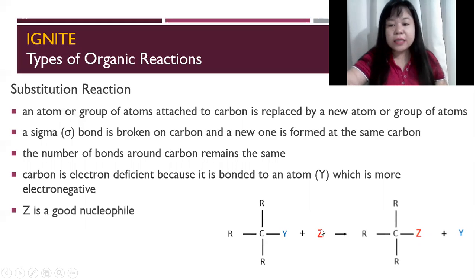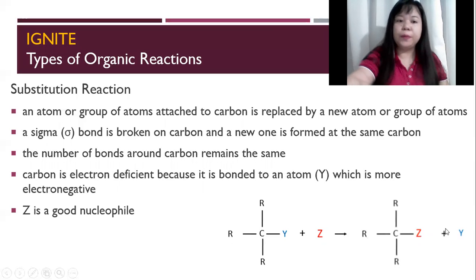However, Z is a good nucleophile, meaning it has an excess of negative charge, or it is more attracted to a positive particle, which in this case would be this part, carbon. Therefore, it is going to displace Y and replace the position of Y, and therefore Y becomes the leaving group.